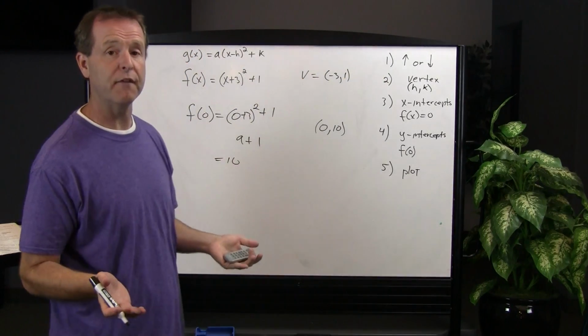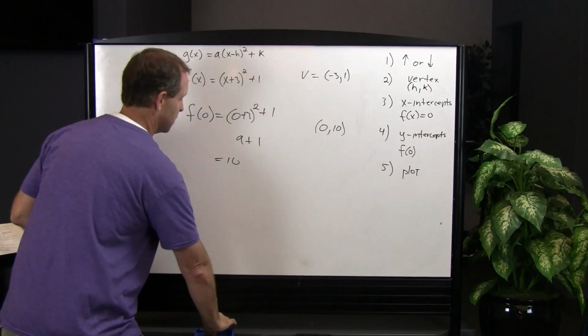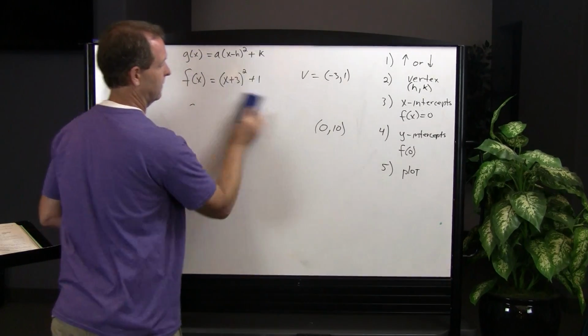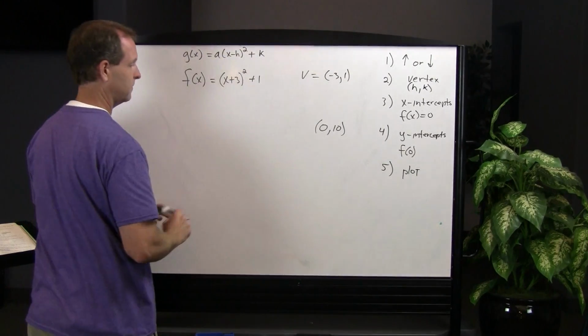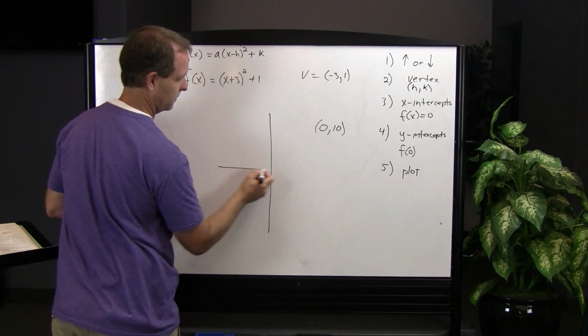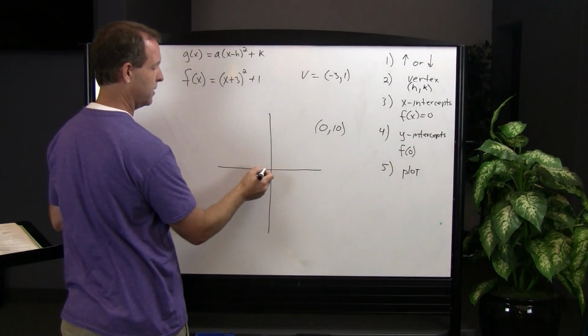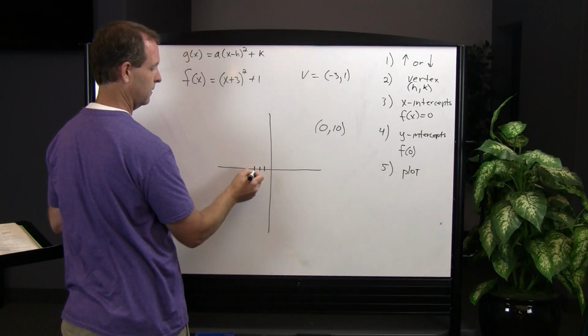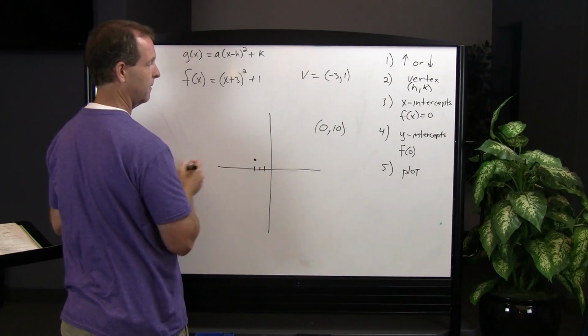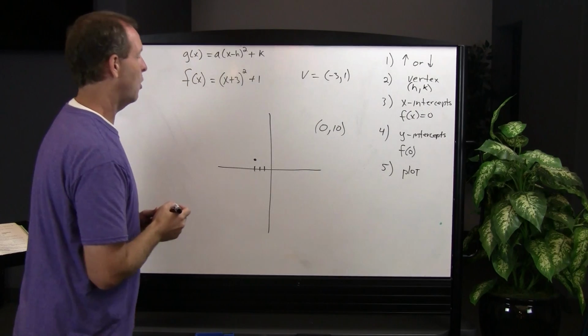So let's see if we have enough information to make a very good plot of this graph. Vertex is at (negative 3, 1), so back 3 and up 1. It tells me that the graph opens upwards.